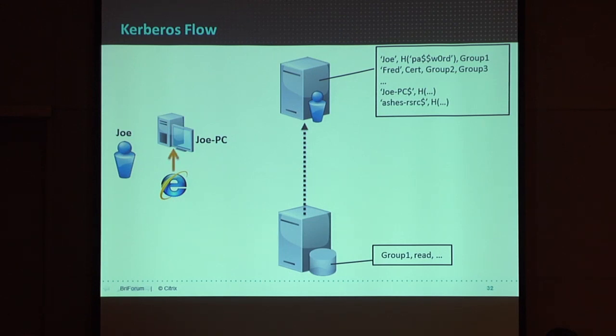So it goes back through the Kerberos machinery in the operating system on the PC, which goes to the domain controller with its master ticket, a bit like the refresh token in OAuth, and comes back with a service ticket for SharePoint, very similar to the OAuth access token, if you like, except that it can be verified directly by SharePoint. It doesn't have to call back to the domain controller to do it.